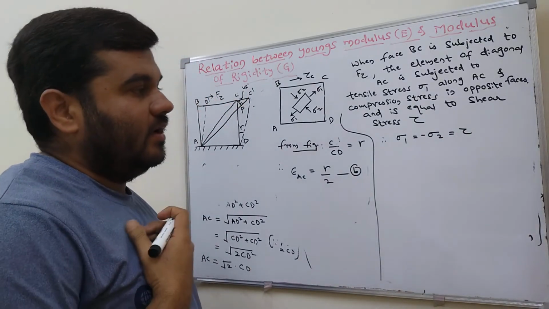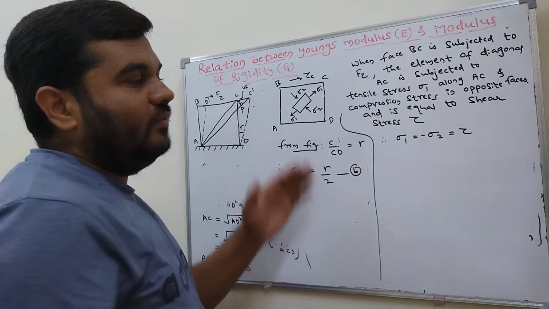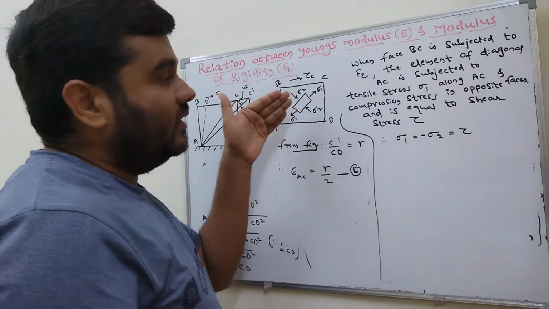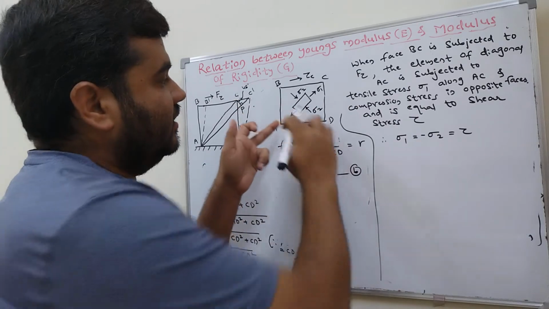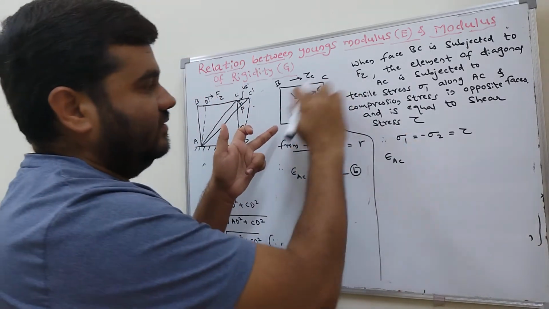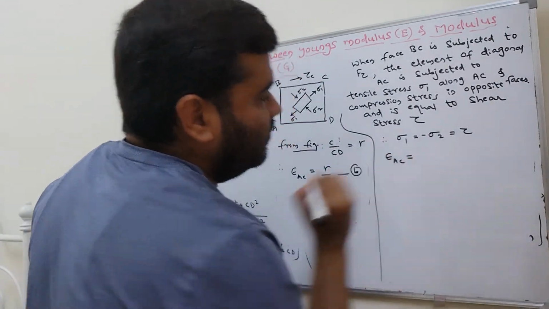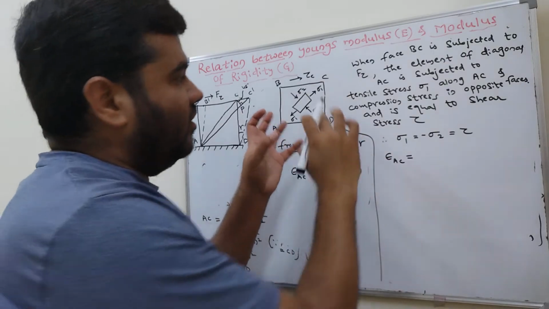Now, by considering only the normal stresses sigma 1 and sigma 2, we need to write the strain formula. I will write the strain in diagonal AC. What is the normal formula?